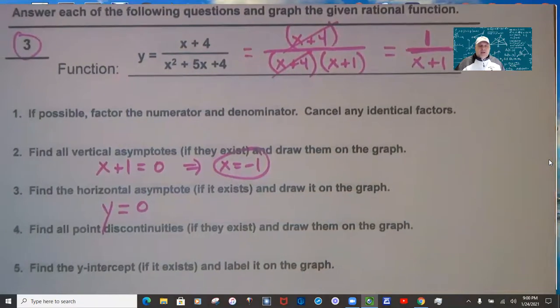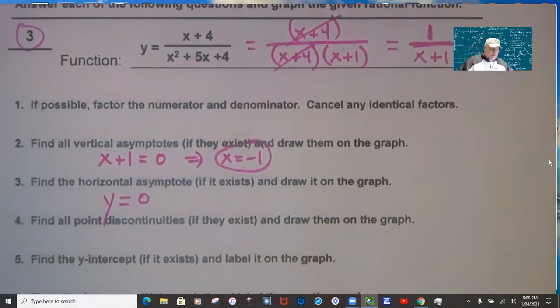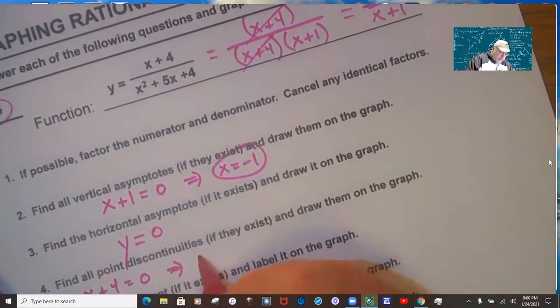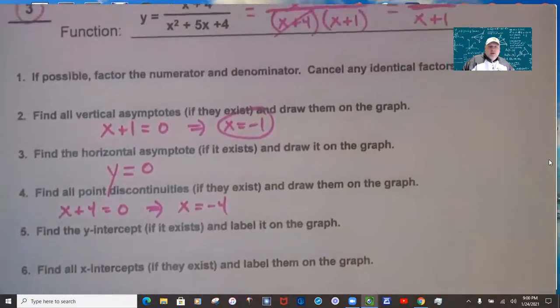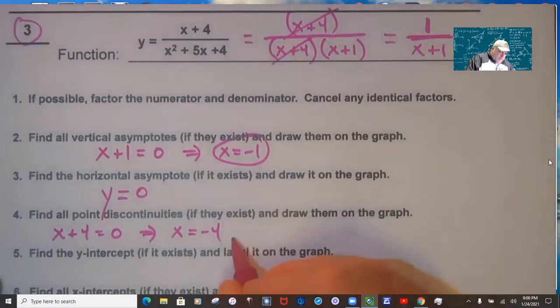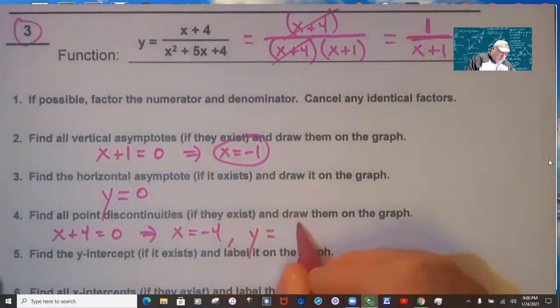Find all point discontinuities. So we've got them now. The first thing you do is you take the factor that you canceled and you solve for x, -4. So that's the x part of the point that's going to be taken out. And then you substitute it into what's left over.